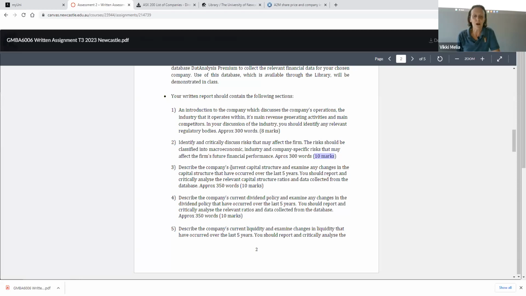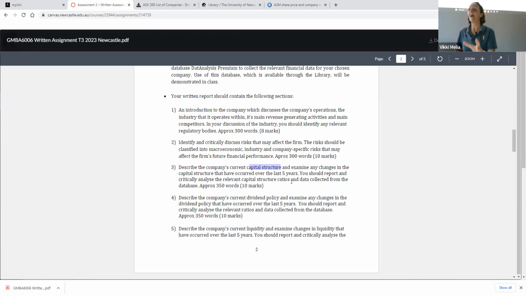I want you to describe the company's capital structure, how it is now, and how it's changed over the last 5 years. Capital structure means the use of debt and equity.